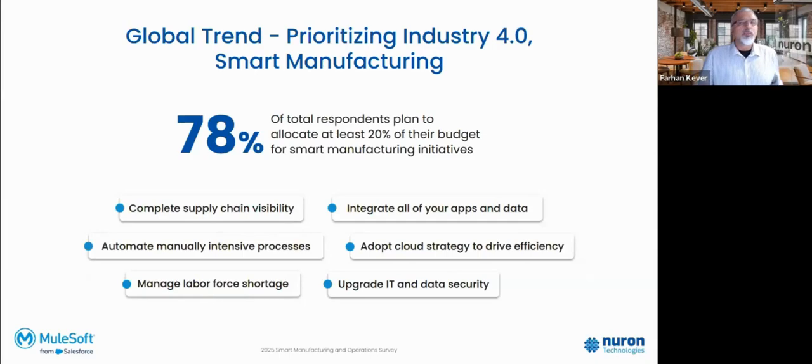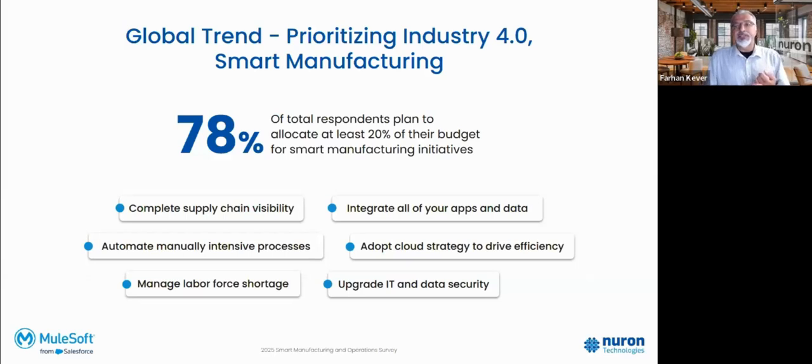So building on that momentum, we're also seeing a real investment commitment. 78% of global manufacturing leaders say they're allocating at least 20% of their budget to smart manufacturing initiatives this year. That's a significant shift from piloting to scaling. Where is that money going? Into priorities that are incredibly familiar to all of us in Bangladesh's manufacturing industry.